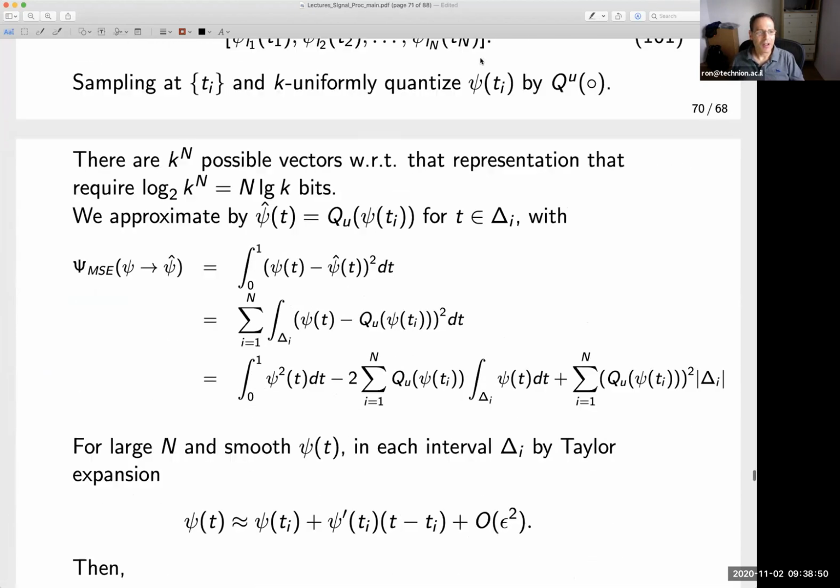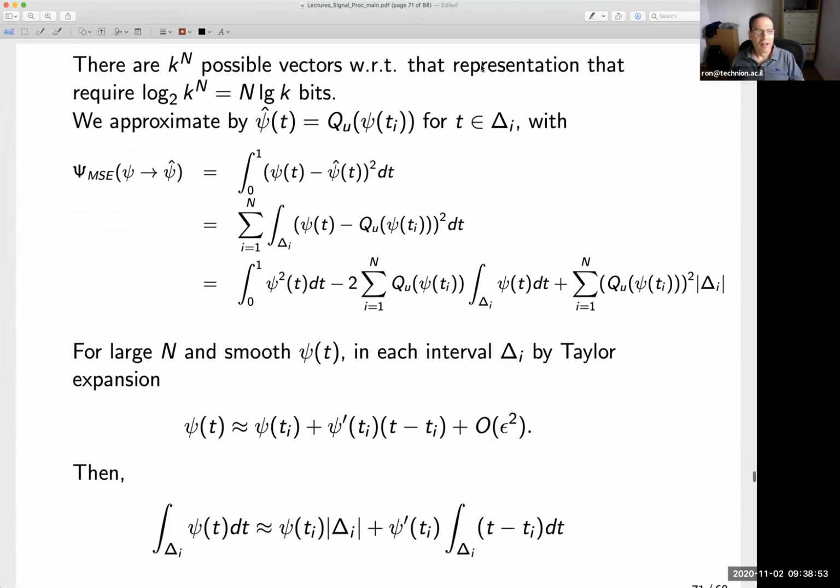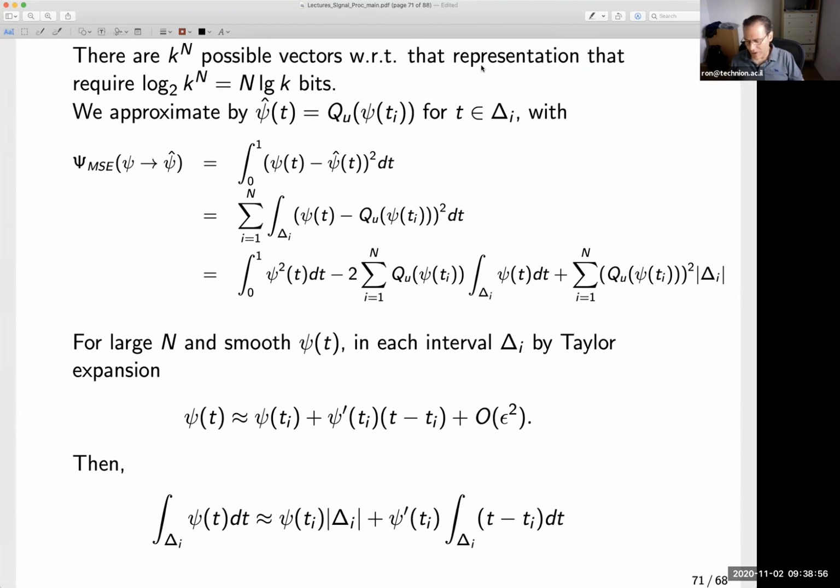And now the question is the following. How many possible vectors are there, assuming that I quantized my x-axis and I quantized, assume uniformly, my y-axis, and here I have k intervals and here I have capital N intervals? How many different vectors do I actually have? In the first entry, I have k possible values to choose from.